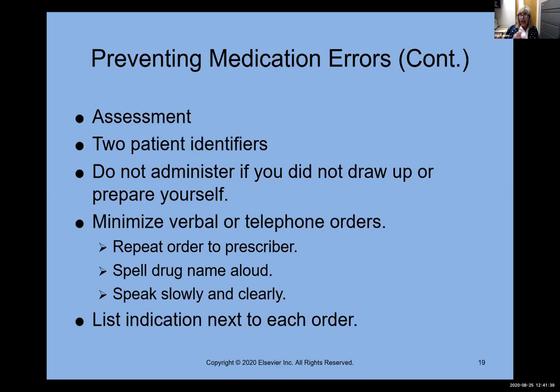And then, because you've got your MAR pulled up on your computer, you're going to make sure that you've also got the correct patient pulled up there, because you scan their armband and their MAR will automatically pull up. So you've identified your patient 2 ways.